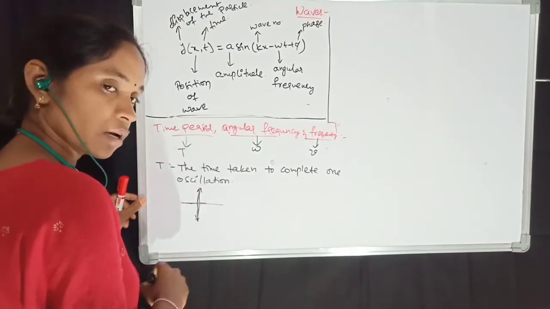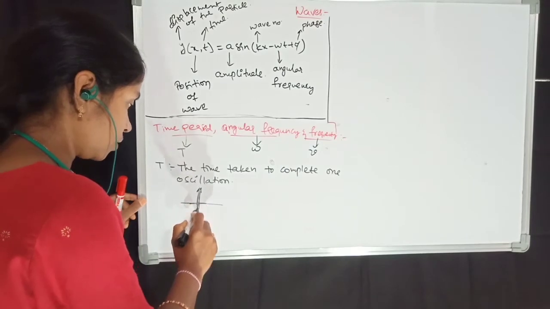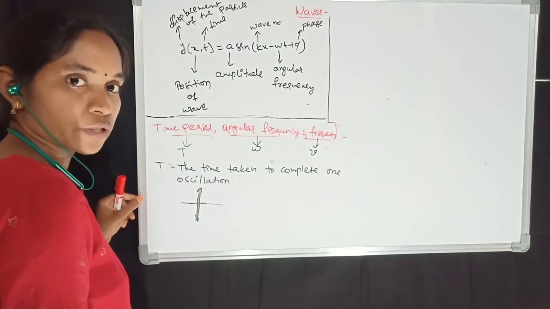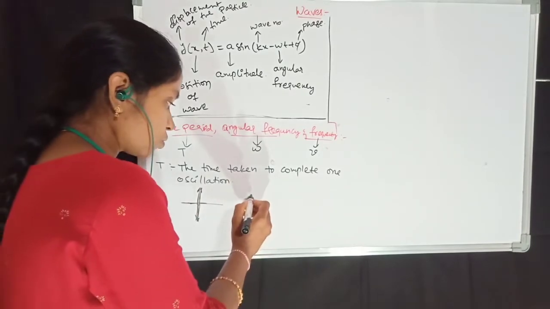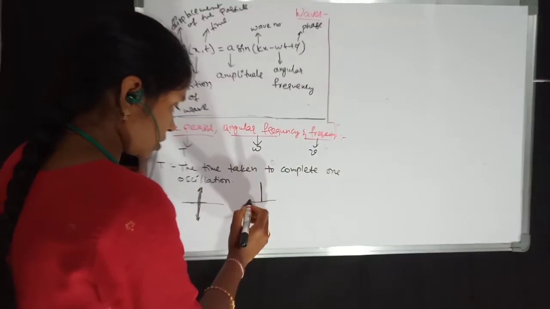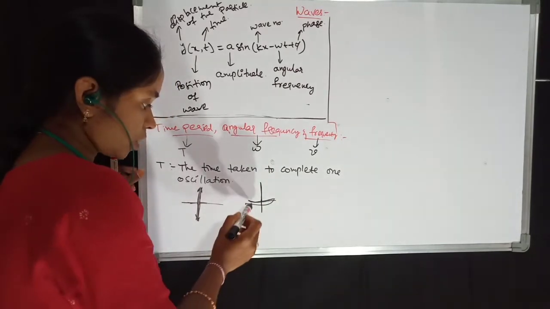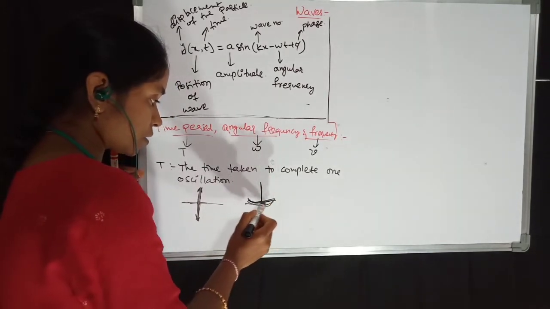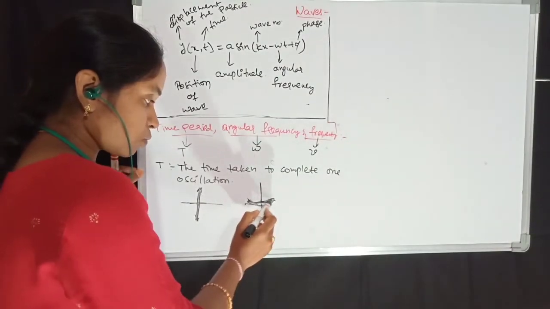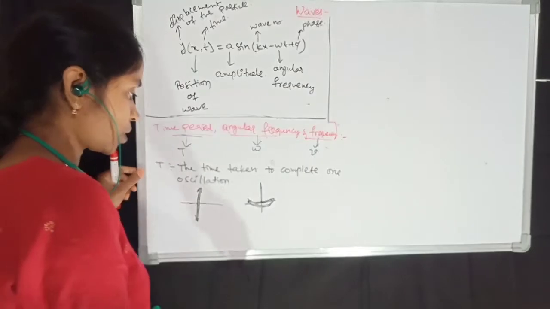Because of this disturbance, the particle moves to this point, and then to this point, and then it comes back to its equilibrium position, right? As I told you in the simple harmonic motion chapter, a single particle oscillates about its mean position. This is the mean position. This is one oscillation. So the time required to complete this one oscillation is nothing but the time period.